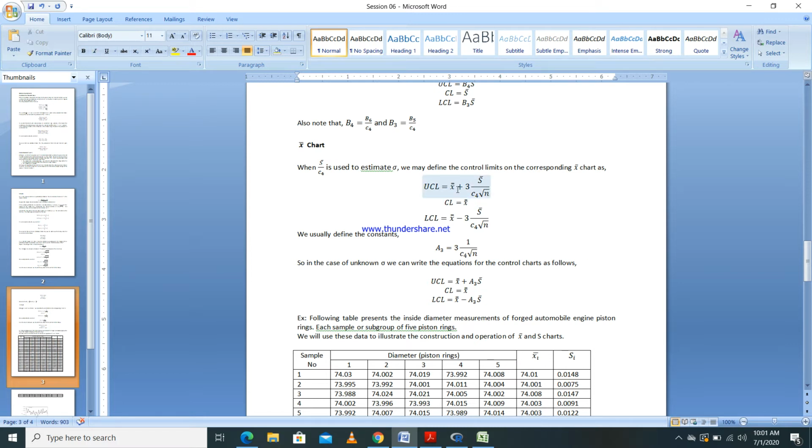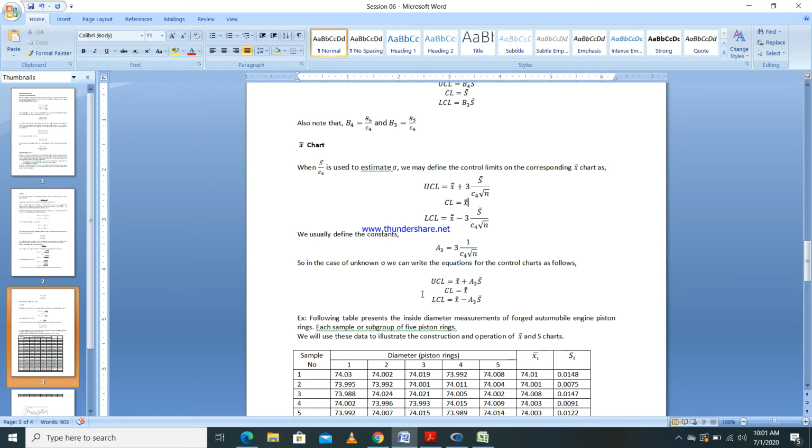The upper control limit is X double bar plus 3 times S bar, the mean of the sample standard deviations, over C4 root n, and the lower control limit is X double bar minus 3 times S bar over C4 root n. In these two equations, the 3 times 1 over C4 times root n you can consider as another factor in the factor table, that is A3.